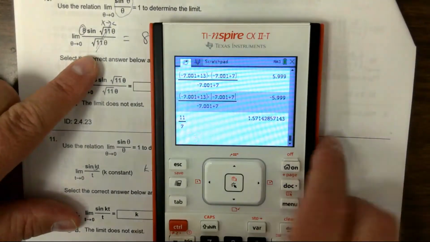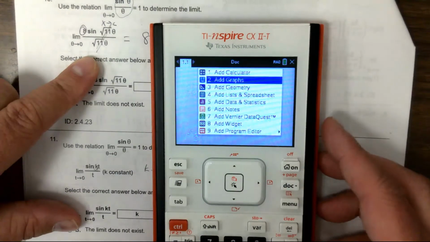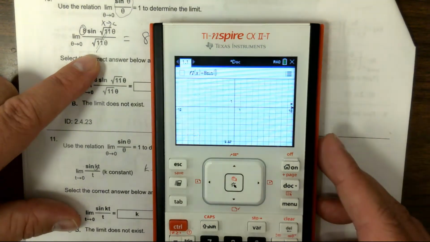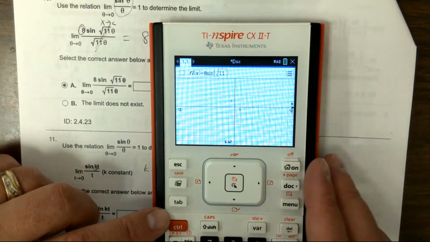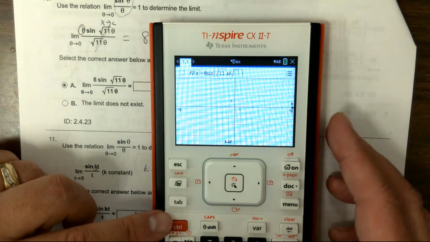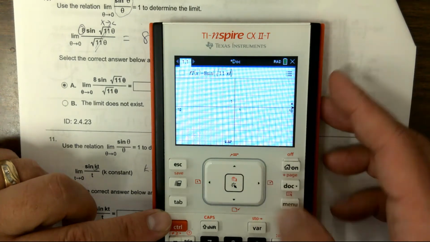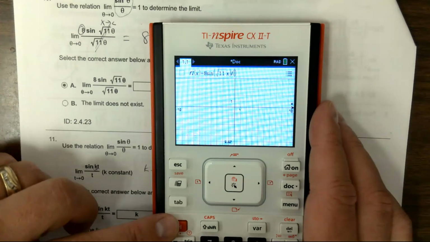Now, let me go back. Now I'm just curious. If I go back to this other one, and I have 8 sine square root of 11 x divided by square root of 11. Whoops, I need to do my parentheses right. Divided by parentheses square root of 11 times x.